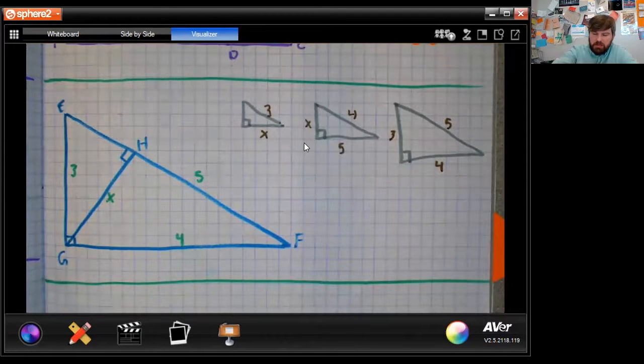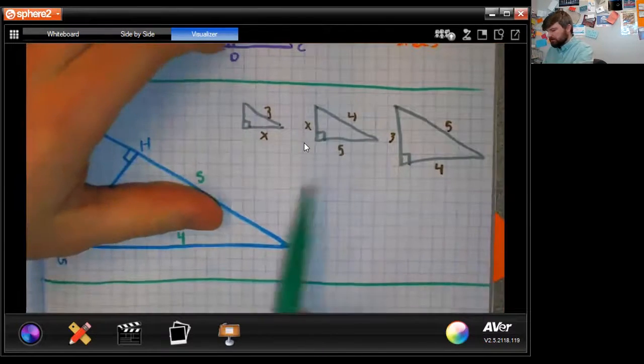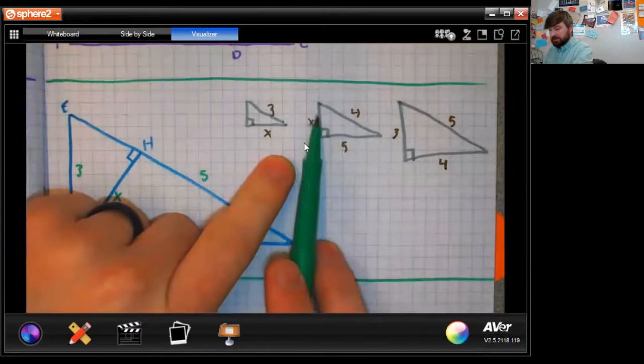I'll do the hard one first, or maybe the more difficult one here first. So if we look here, hold on, let me, so X is this side right here.